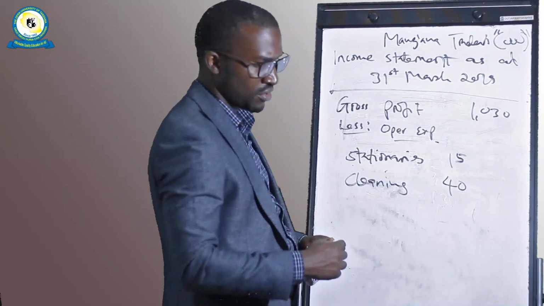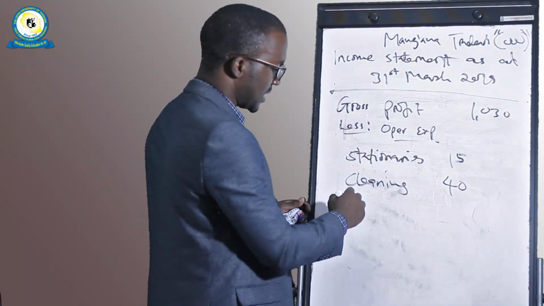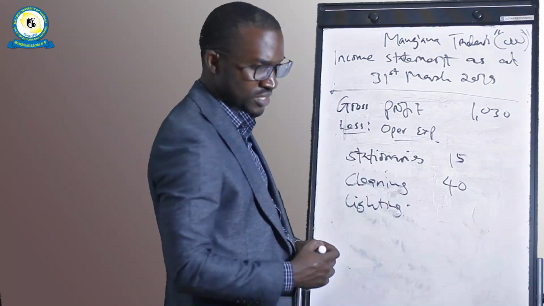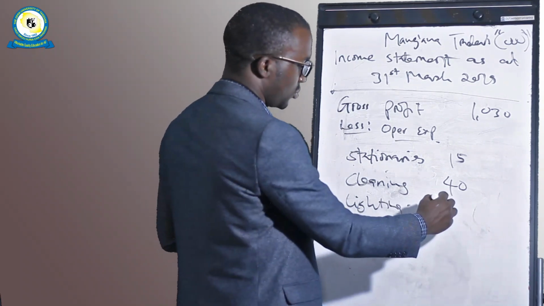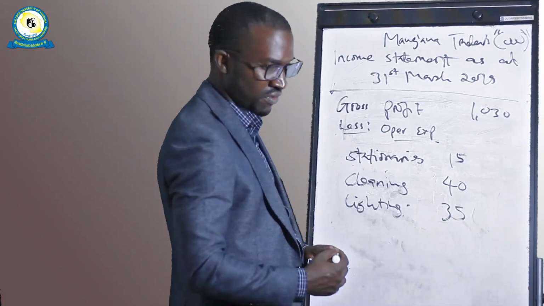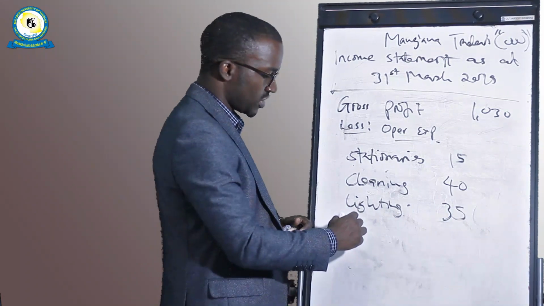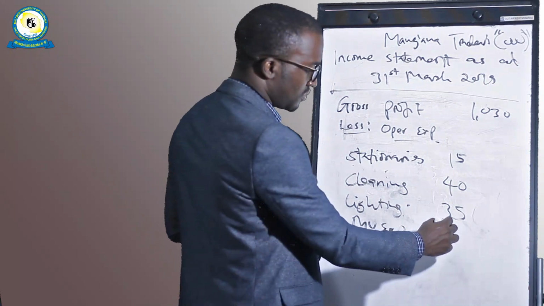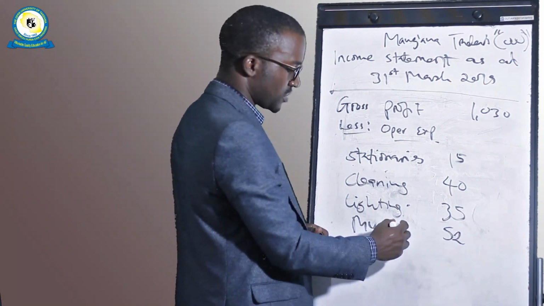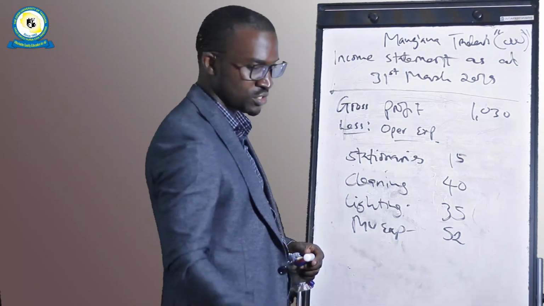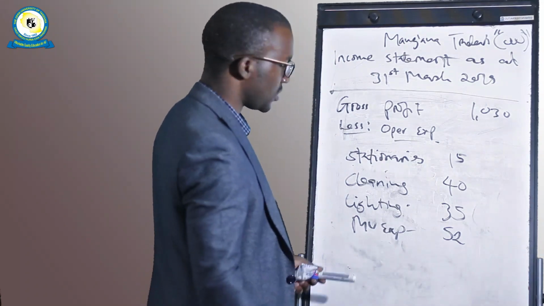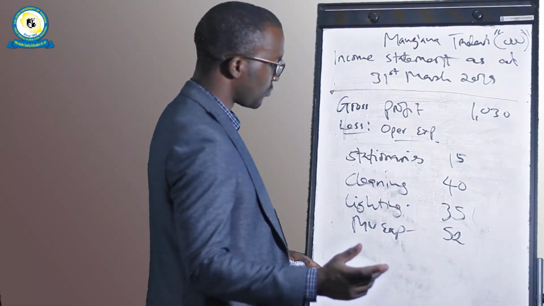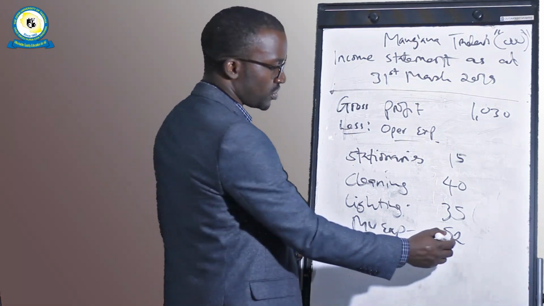You have another expense there, lighting and heating. How much are you having? You have 35. You also have motor vehicle expenses. That was 52. For example, motor vehicle expenses include fueling and so forth, so you have to put them as operational expenses. And do you have any other expenses? If you go through your trial balance again, no, you don't have other expenses.